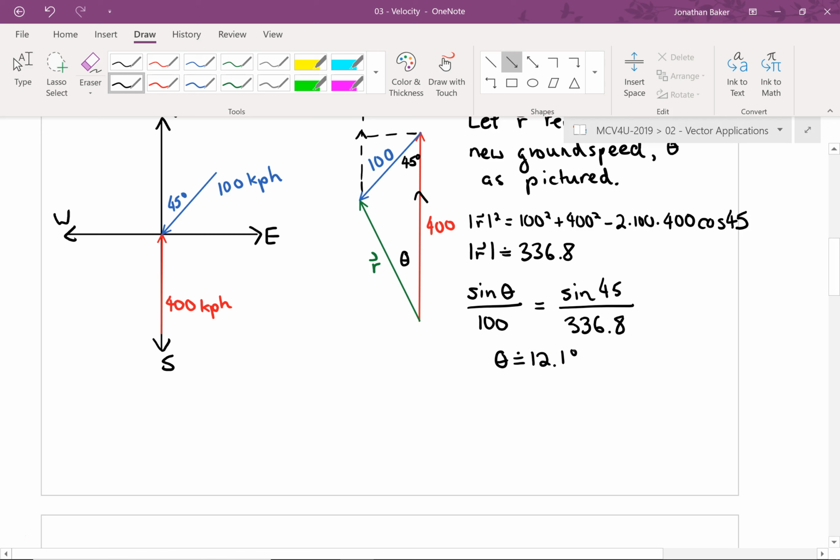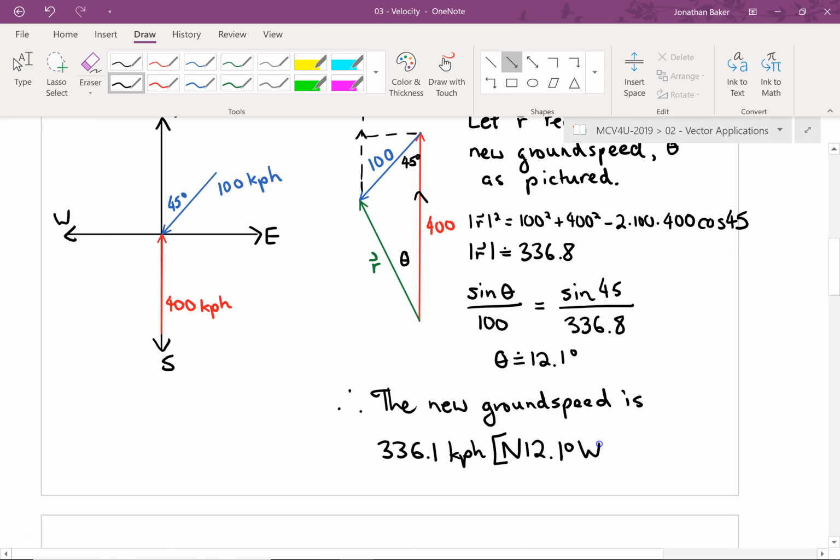Okay, so this is great. Now we have the length of R and the angle relative to north. So we can say, therefore, the new ground speed is 336.1 kilometers per hour, north 12.1 degrees west, because, of course, we're pointing to the west.